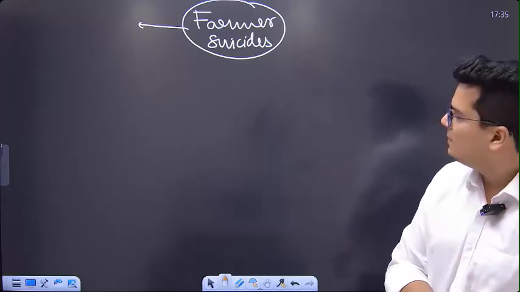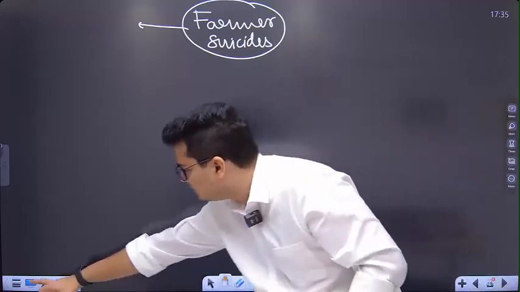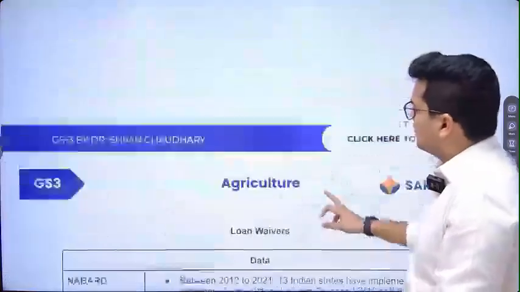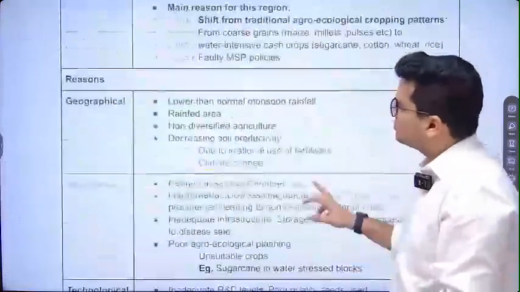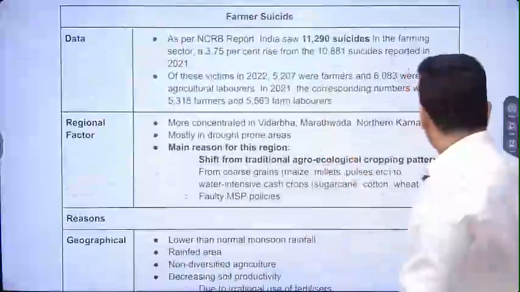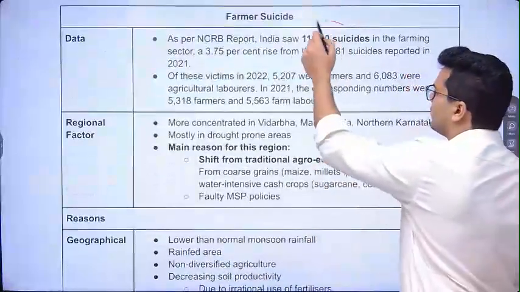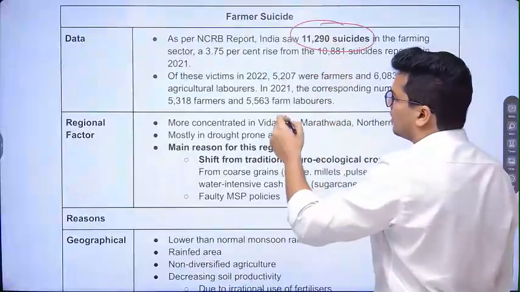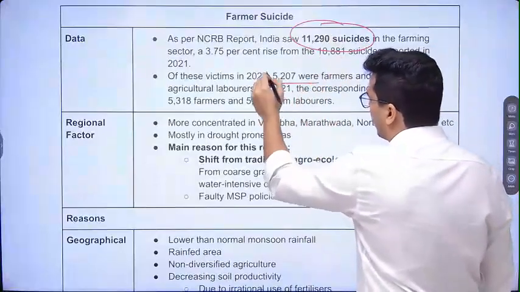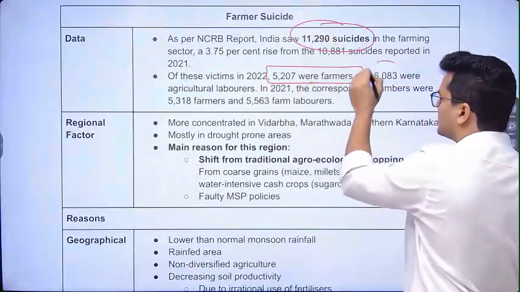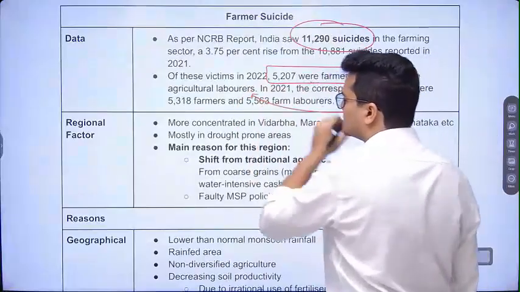So firstly, let's look at some data. We have already seen that there are 11,000 suicides in the farming sector, and 5,000 of these were farmers and 6,000 were agricultural laborers.